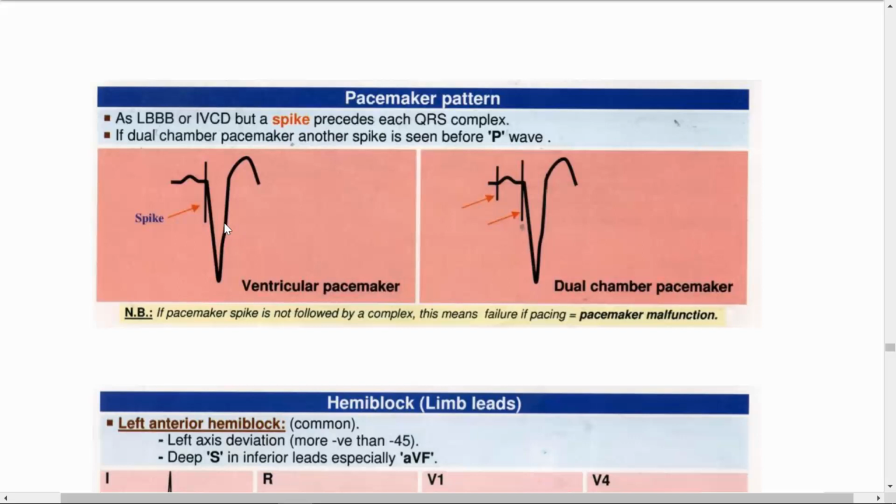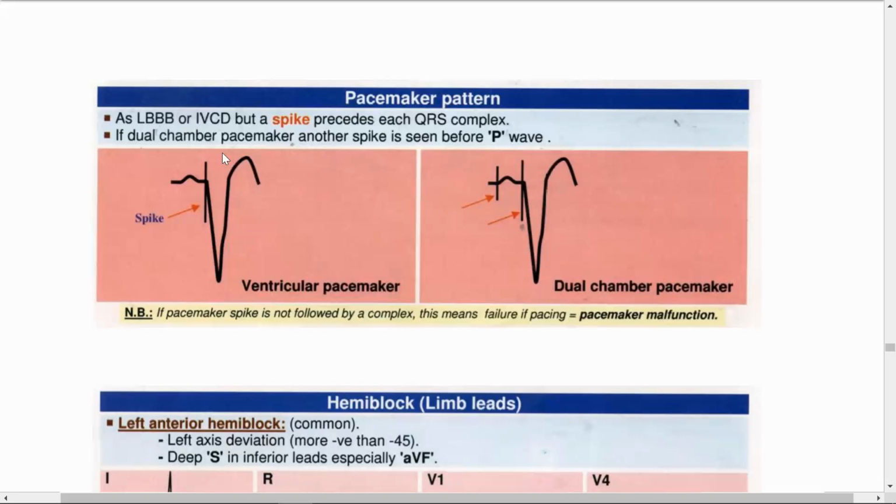What's the pattern of the ECG if the temporary or permanent pacemaker lead is implanted in the right ventricle? So which ventricle will be activated first? The lead in the right ventricle will be activated first, and then the left ventricle will be activated later.